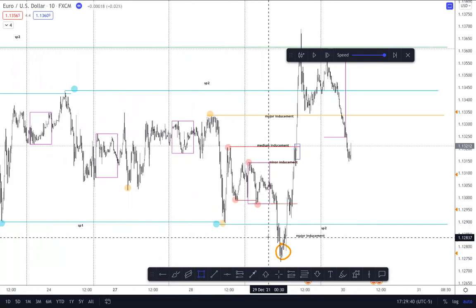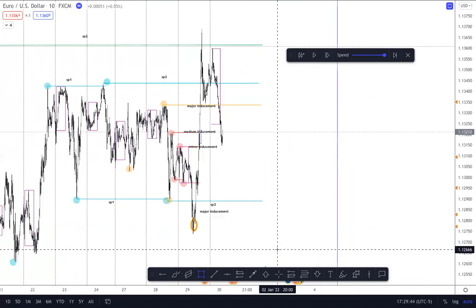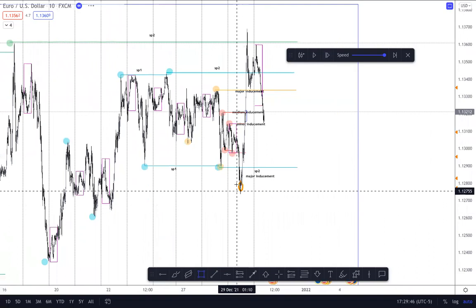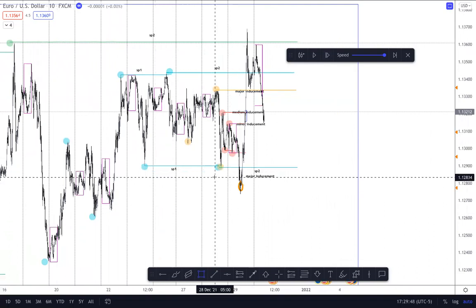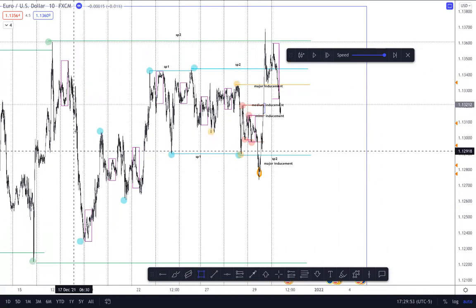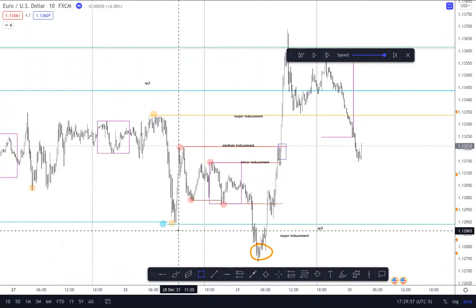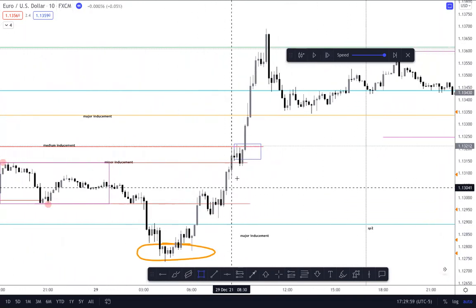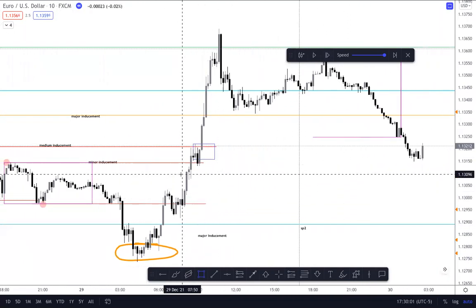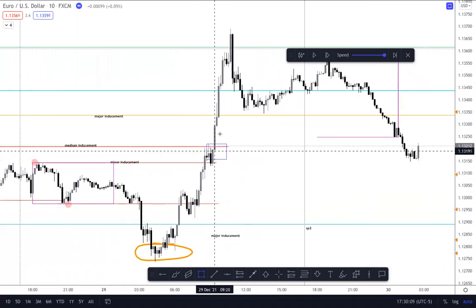All I need you to understand is, did we sweep a major inducement? Yes. Was it external liquidity? No, but it was internal, right? And we were in an uptrend, right? Higher highs, higher lows. What happened here? We had minor inducement. We swept the minor inducement, right? And then we continued.